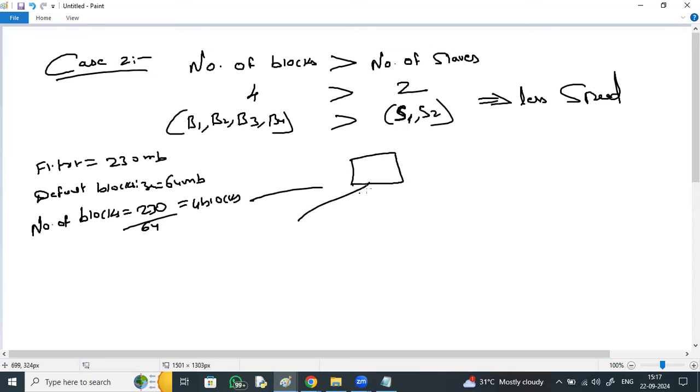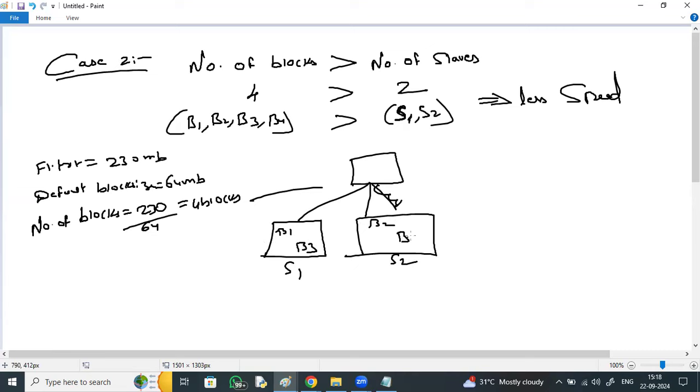Here, master and slave: single master and multiple slaves. Only 2 slaves, S1, S2. Assume you have got a less number of slaves. Means here B1, here B2, here B3, here B4. 4 blocks stored across 2 slaves.